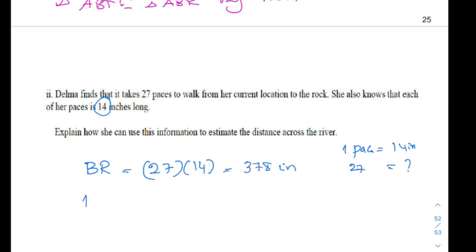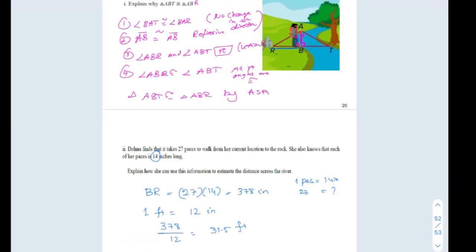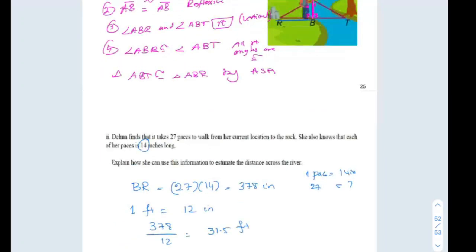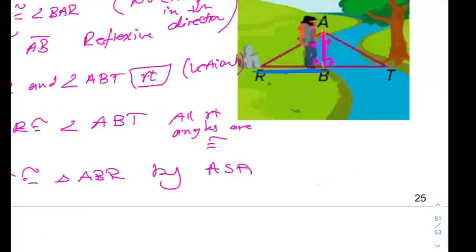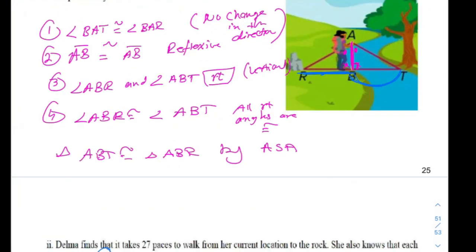Now in feet, we know that 1 foot is equal to 12 inches. That means we want this distance, 378 inches, in feet. So we divide by 12, and we will have 31.5 feet. This is BR, or RB. Now RB is congruent to BT because the triangles are congruent.